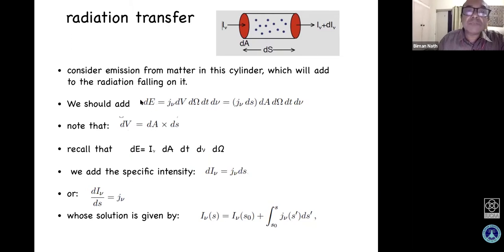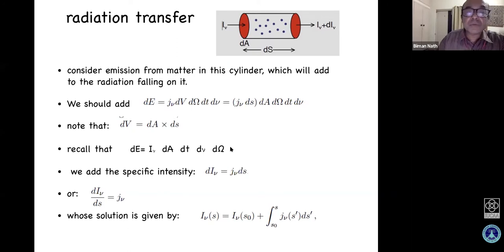The energy that will be added will be proportional to the total volume of this cylinder, total solid angle, total time, and d nu, the frequency range, and the proportionality constant will be what I call emissivity. And so this is the amount of energy that will be added.